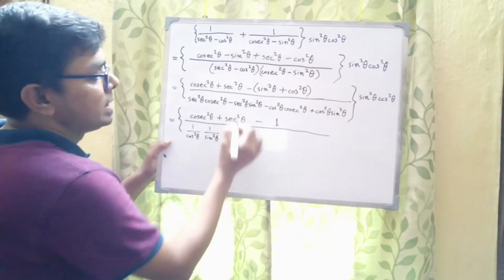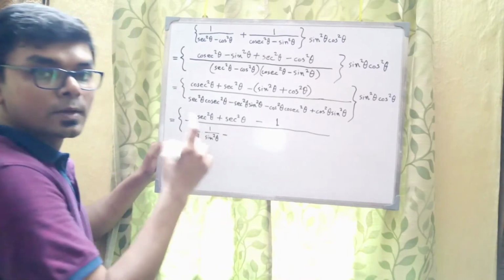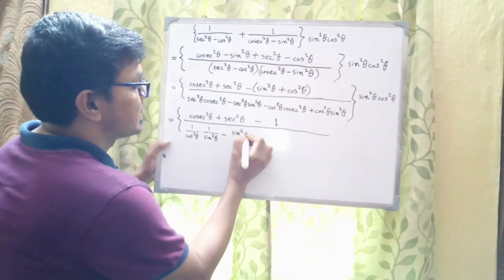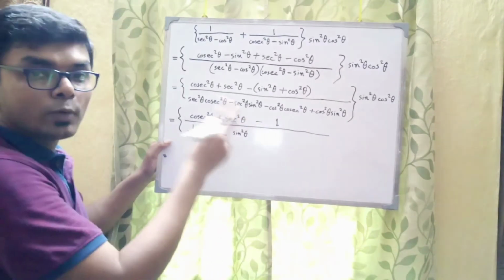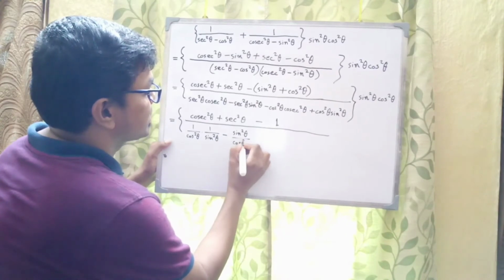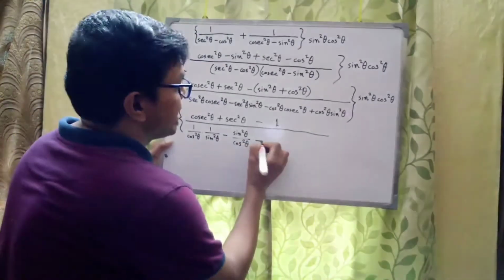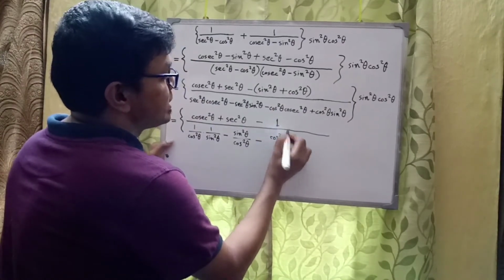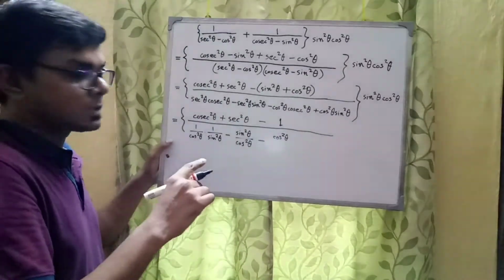Here we have sec² θ, meaning 1 by cos² θ. So sin² θ we will keep as it is, and in place of sec² θ we will write 1 by cos² θ. That would give us sin² θ by cos² θ, minus, here we have cos² θ already, so cosec² θ means 1 by sin² θ.